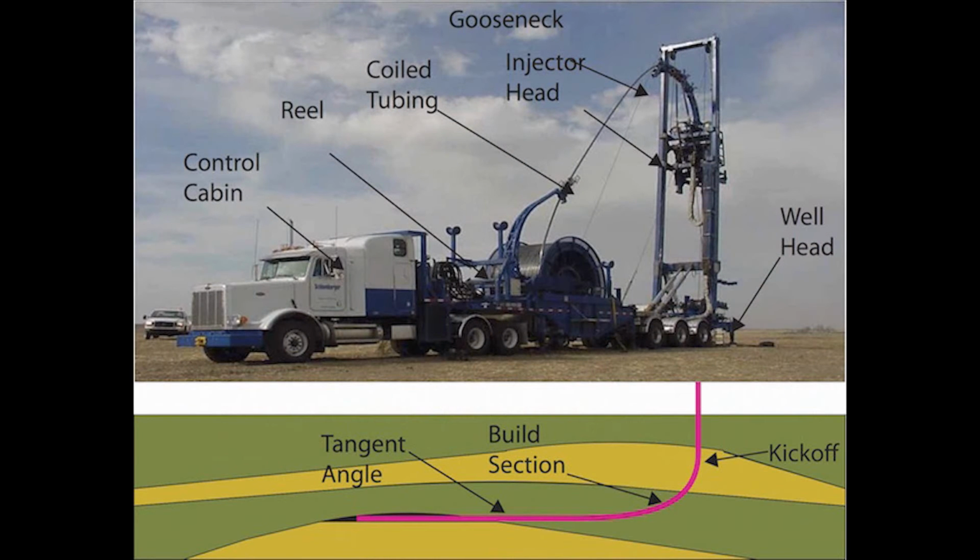So if it is beyond that limit, it needs to be pushed down by TCP, tubing conveyed perforating, or CT, coiled tubing. So these two can actually be done. But the TCP is expensive, while the coiled tubing is much less expensive. So it's a good option. But the thing is, it's going to cost you a lot more time.